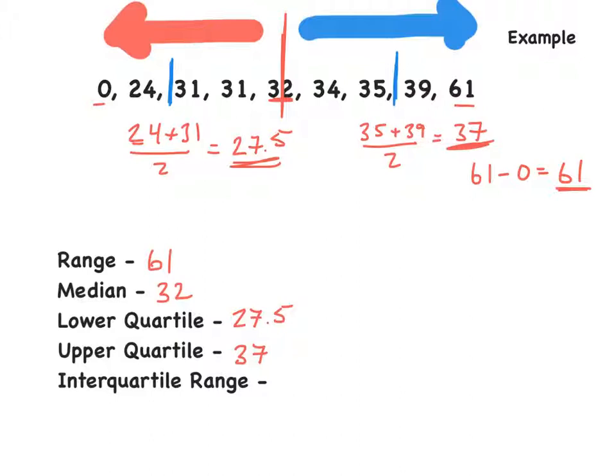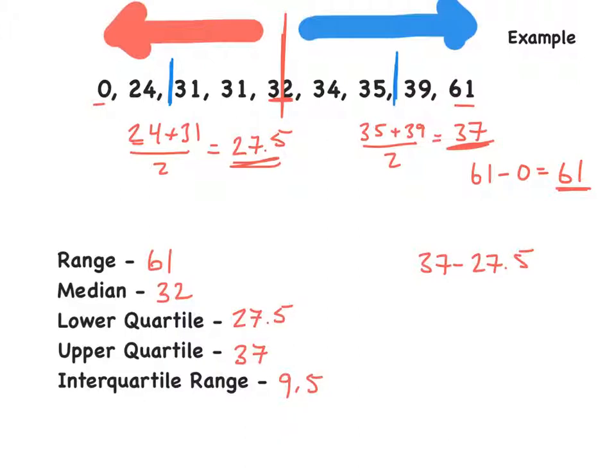Now the interquartile range. Think about what interquartile means. The regular range is just the difference between the smallest and the largest. The interquartile range, I want to know what the difference is between the quartiles. So whatever 37 minus 27.5, that is equal to 9.5.